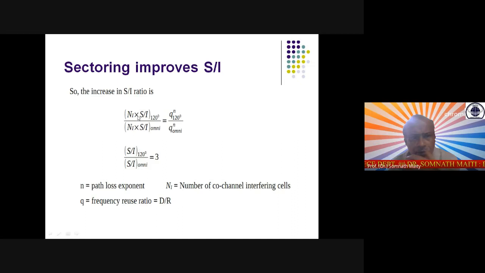So Ni into Si for 120 degree, it will be Q to the power N. Q is this one for 120 degree, divided by omnidirectional. So 120 by this, it will be 3. The increase in signal to noise ratio will be 3. 3 means root of 3, half. Almost it will be half. It will be doubled.